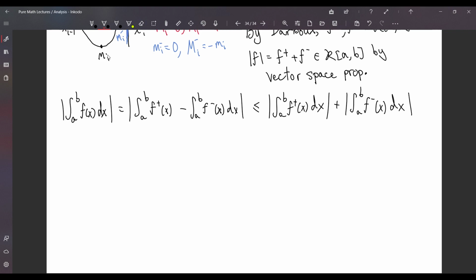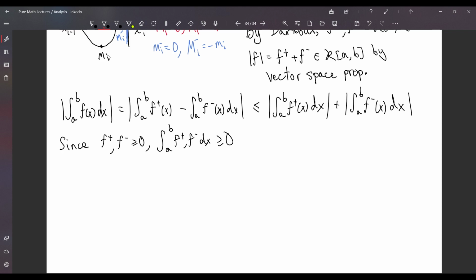And then, since f plus and f minus are non-negative, the integrals of non-negative functions have to be non-negative. You can argue that in a similar way to what we did with the previous problem, where if you have a continuous function with a positive value, then the integral is positive.